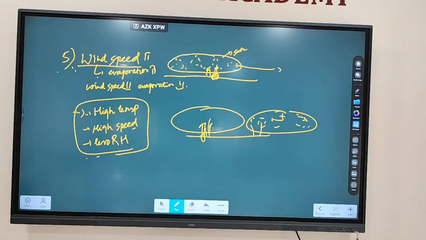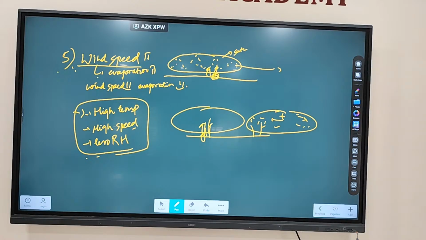If high temperature is there, high speed is also there, and less relative humidity is there, if any wind has all three, evaporation will be much more rapid. Clear? So high temperature, high speed, and less relative humidity.